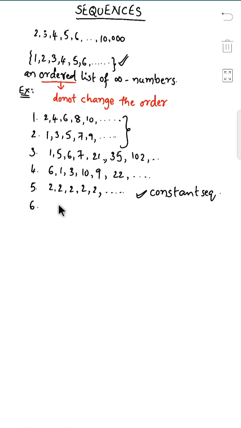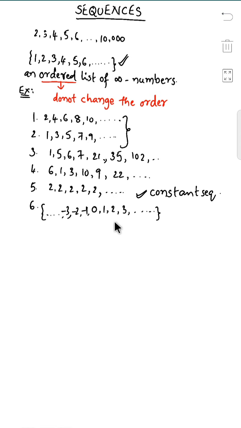So it can also be like 0, 1, 2, 3, and so on up to infinity, then -1, -2, -3, and so on. It can go to minus infinity also. So this is a sequence of integers.